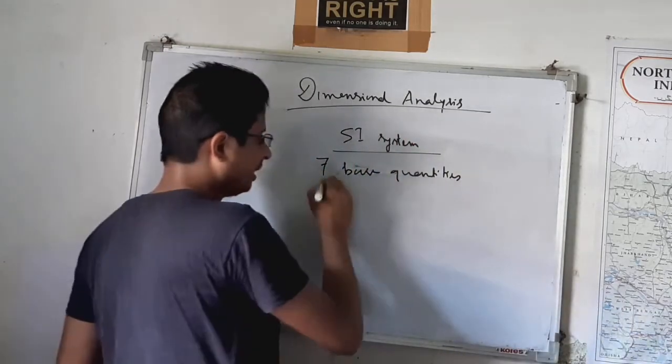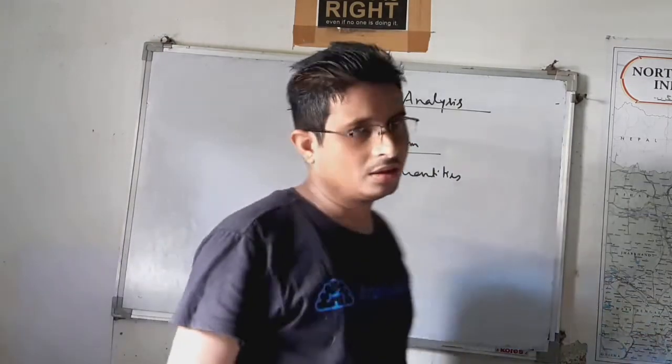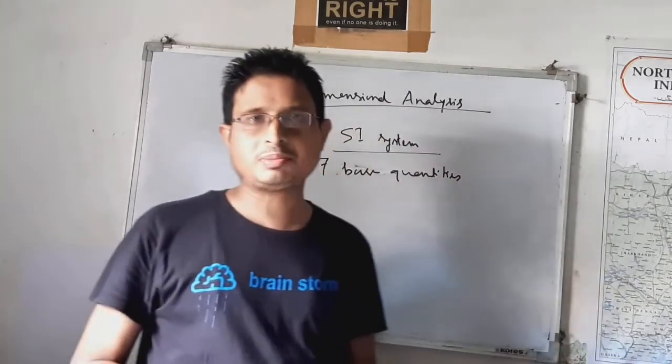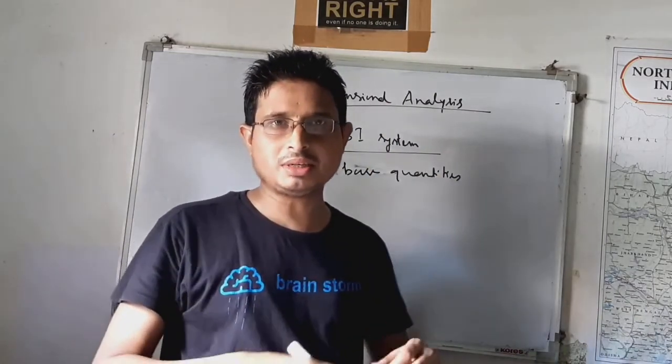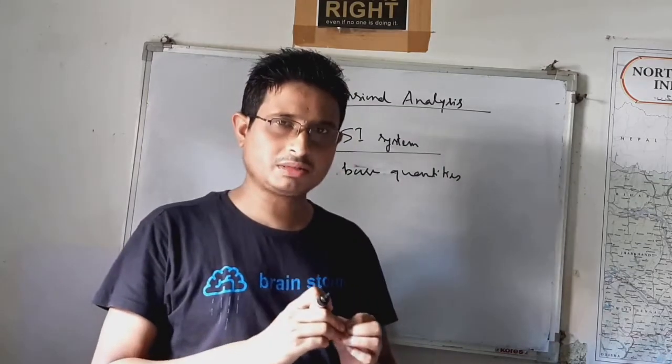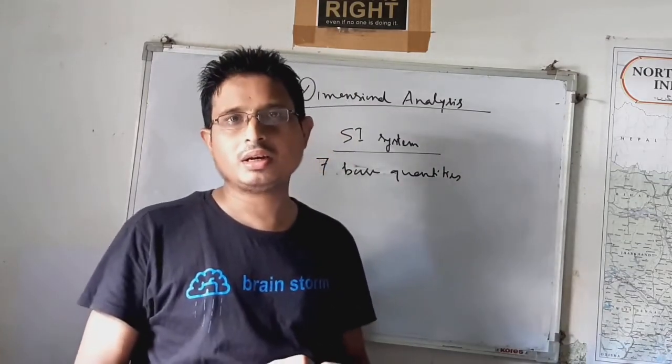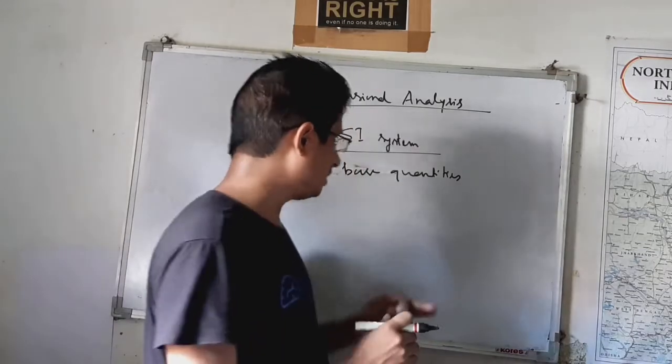With the help of these 7 base quantities, we can express any other quantities. Those quantities which can be expressed with the help of the 7 base quantities are known as derived quantities. Now, what are the 7 base quantities?